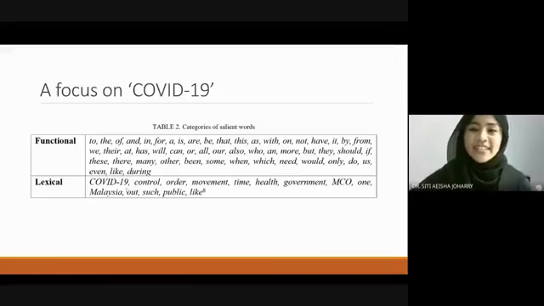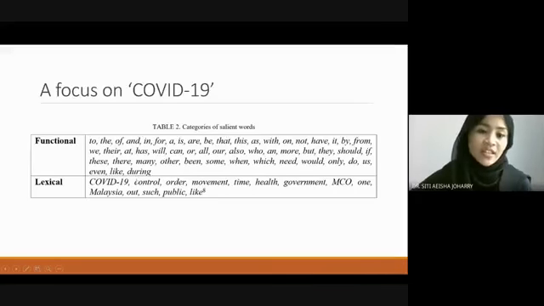Remember earlier when I said not only frequent, but I want to look at range. So these are 66 words that are not only frequent, you have to remember they are distributed more widely across the corpus, in 50% or more of the texts. So they are very much important, salient words.